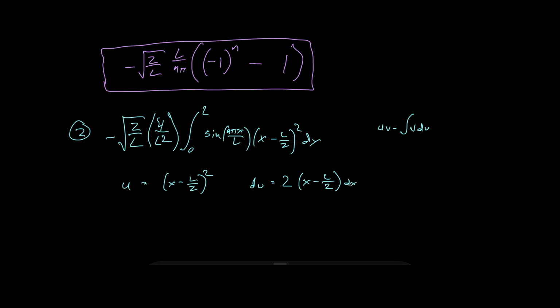There you go. And that makes our dv, keep in mind, sine n pi x over L dx, don't forget that. Which makes our v the antiderivative, right? Oh, sorry, not dv, just v.